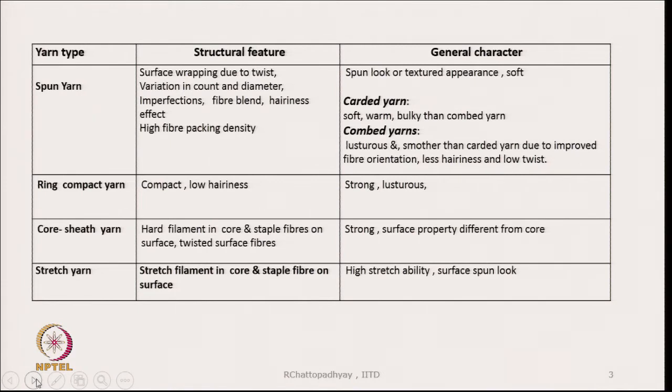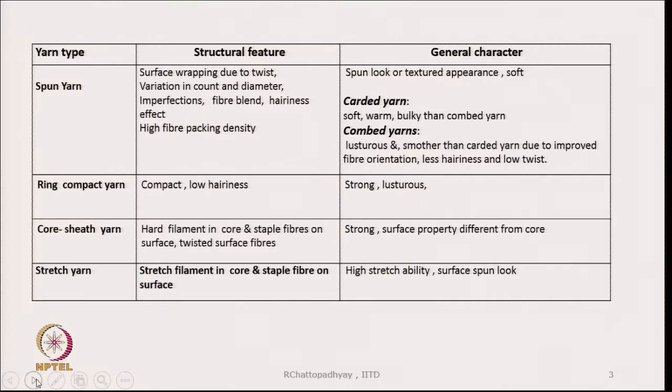There will be some imperfections, there will be a hairiness effect, and generally a very high fiber packing density is also expected in spun yarns. So, these are the structural features of these spun yarns, and the general character as a result of this is that it gives a spun look or a textured appearance, and the yarn is generally very soft.